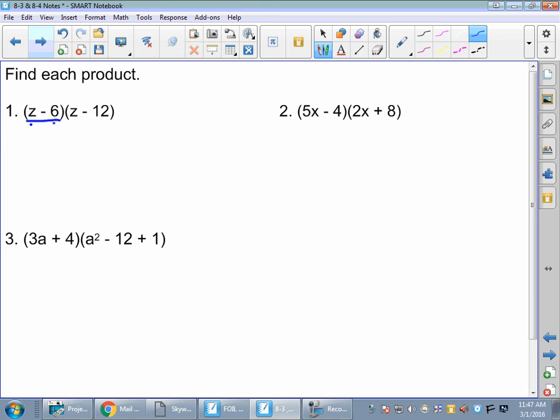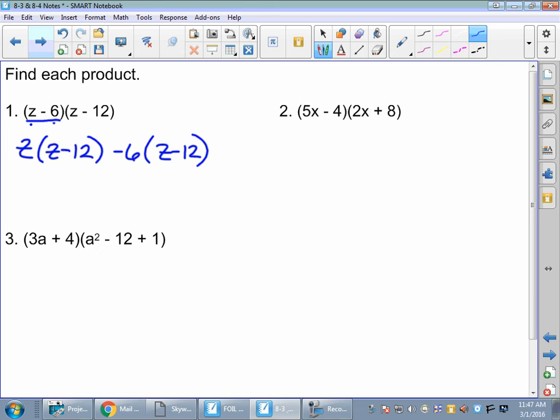When you multiply polynomials, every term of the one quantity has to get multiplied by every term in the other quantity. So this z needs to be multiplied by z minus 12, and also the negative 6 needs to be multiplied by z minus 12. So you're multiplying every term from the first by every term in the second.